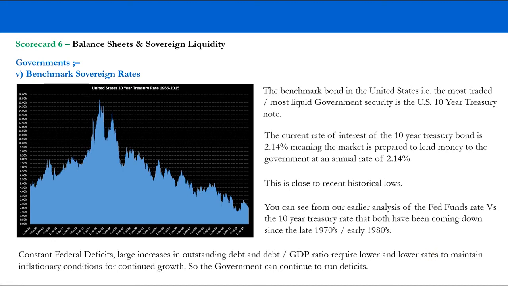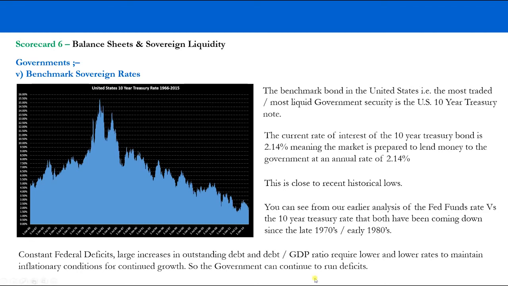The benchmark bond in the United States, so the most traded or most liquid government security, is the US 10-year Treasury note. And the current rate of interest, as you'll see in the spreadsheet when you download the data, for the 10-year Treasury bond is 2.14% at the time of making the video course, meaning the market is basically prepared to lend money to the government at an annual rate of just above 2%, so 2.14%.